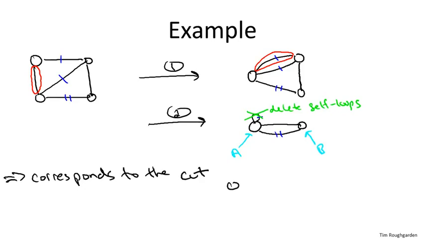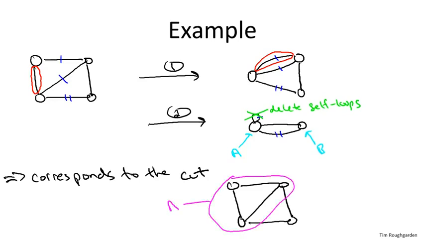So the set A is going to be these three nodes here, which all got fused into each other, contracted into each other, and B is going to be this node over here, which never participated in any contractions at all. And what's cool is, you'll notice, this does in fact define a min cut. There are two edges crossing this cut. This one, the rightmost one, and the bottommost one. And I'll leave it for you to check that there is no cut in this graph with fewer than two crossing edges. So this is in fact a min cut.